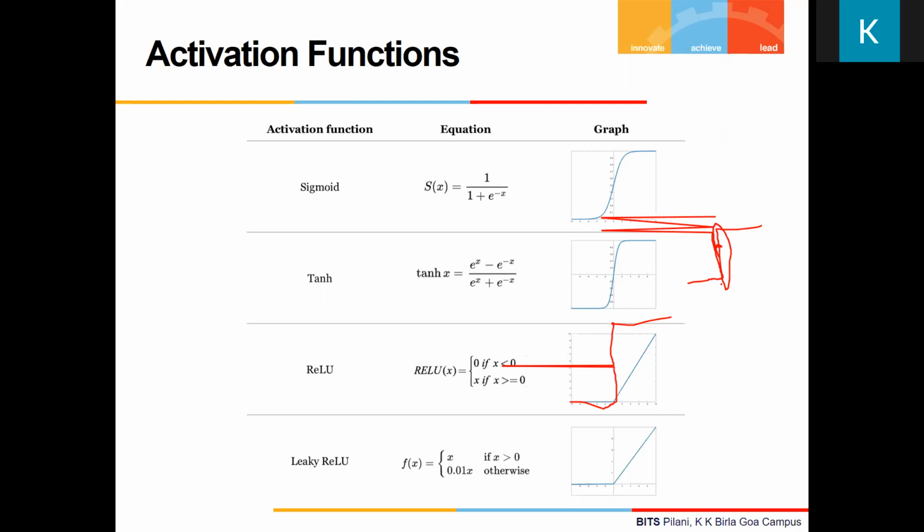Now, the good thing about sigmoid is that the derivative of sigmoid is very straightforward. The derivative of ReLU is also very straightforward. y equal to x, differentiate, you get 1. The derivative is 1. But in the case of the threshold circuit, you cannot find a derivative here. There is a discontinuity in the function. That's why this is still not preferred. But ReLU is preferred, although it is linear in nature, especially for CNN.